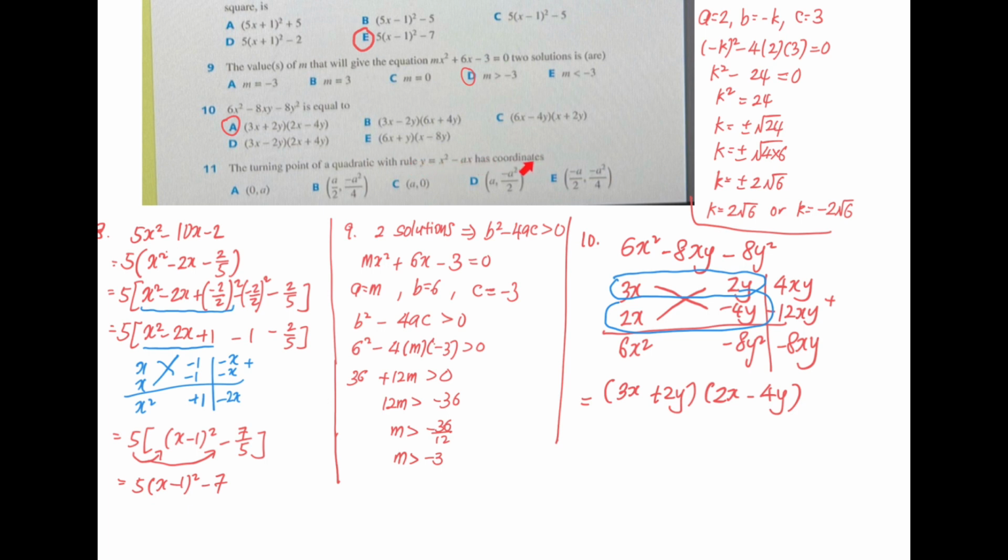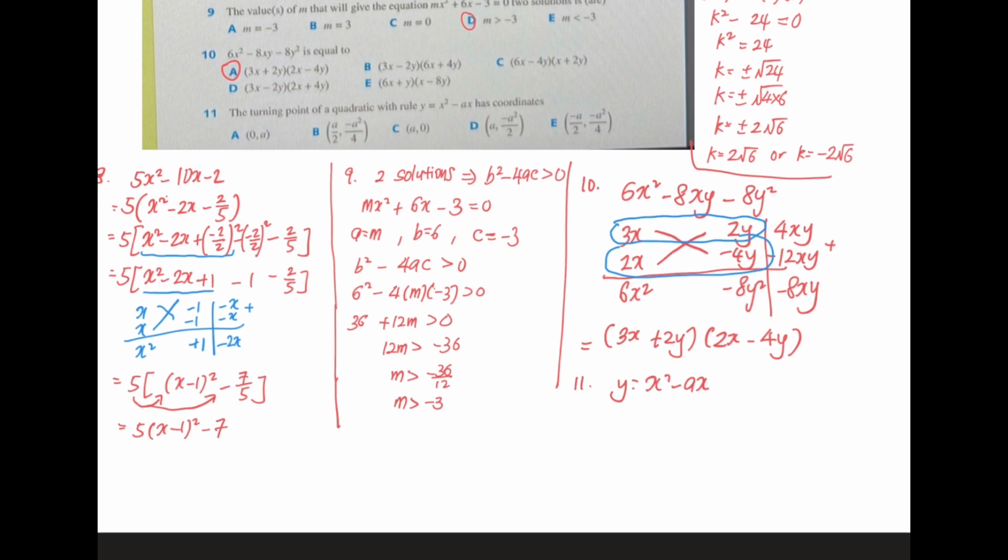And now question 11. The turning point of a quadratic with rule has coordinates. So we have to do completing the square. Question 11, y equal to x squared minus ax. Completing the square, y equal to x squared minus ax plus, now we have to put the b over 2.